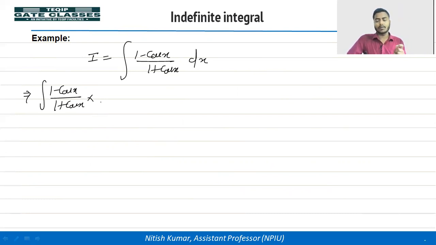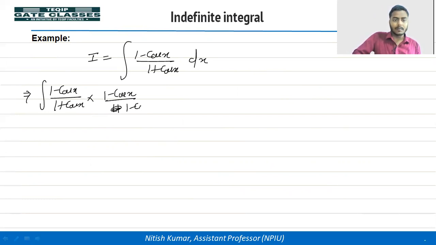If we get 1 minus cos square x, we can write sin square x. Always keep this operation in mind: reduce the denominator as much as you can to single functions, so that it would be easy. So we can multiply by 1 minus cos x divided by 1 minus cos x.